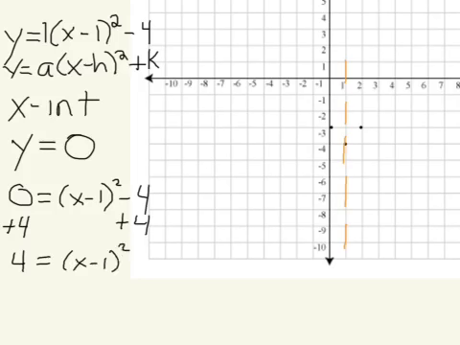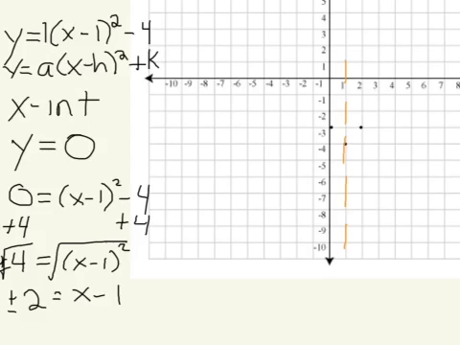And then that's in the nice format that if I just take the square root of both sides, but I would put a plus or minus in front of the 4, then I can just bring this down as x minus 1 equals plus or minus 2, the square root of 4.